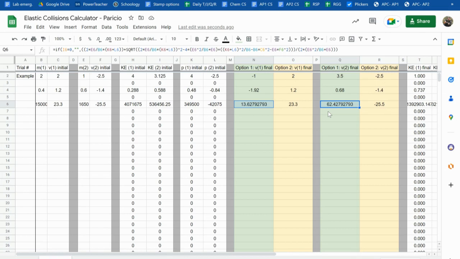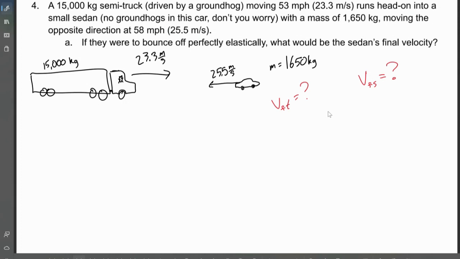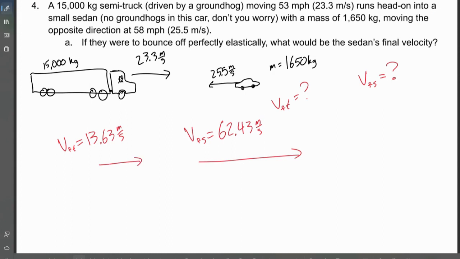So velocity final of the truck is 13.63 meters per second. Velocity final of the sedan is 62.43 meters per second. They're both positive numbers, so they're both to the right, because the 25.5 was negative.